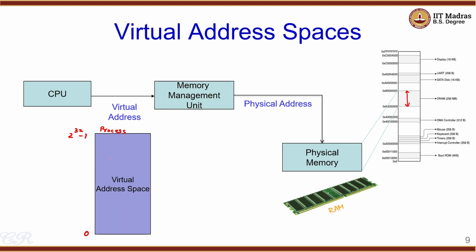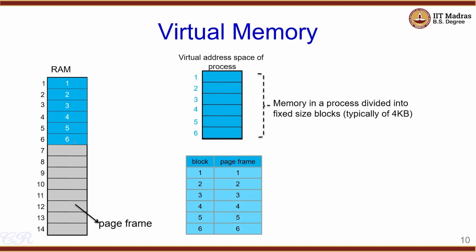So, just to go back here, I have my virtual address space for my process ranging from addresses 0 to 2 power 32 minus 1, and it is now split into fixed size blocks of 4 kilobytes, right. Here in this particular case, I am just showing 6 such blocks.